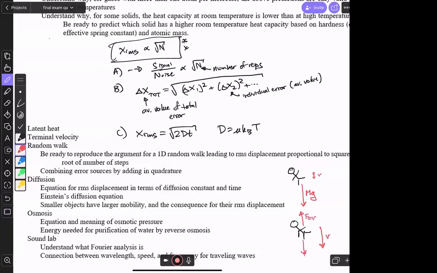Eventually it builds up to the point where the force of air resistance upwards equals the gravitational force downwards. So there's no net force on them. That doesn't mean they come to a stop. That means they stop accelerating. So when F air resistance equals mg, and here I'm talking about magnitudes, you have reached terminal velocity.